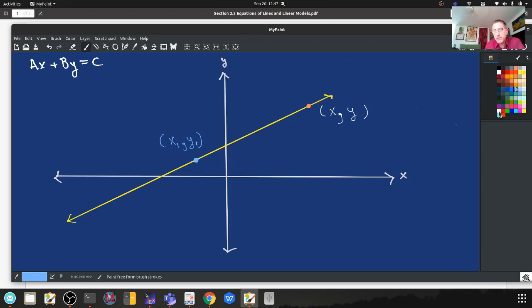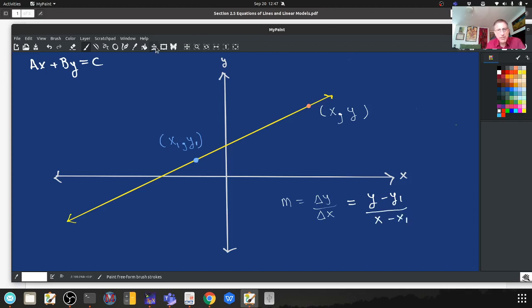So we have the slope, m, is equal to delta y over delta x. Let me make my line a little bit thicker. Well, that's going to be equal in this case to y minus y1 over x minus x1.